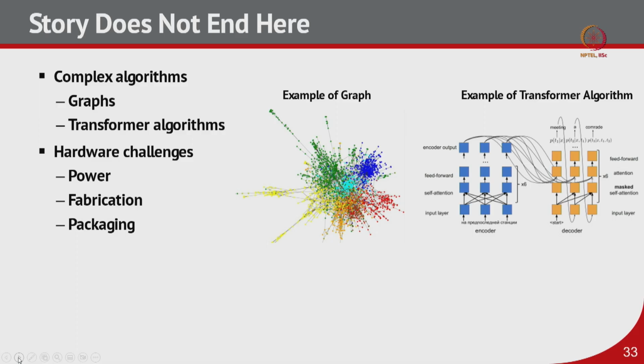There are several hardware challenges like power, fabrication, packaging, etc. Since we have complex algorithms, and complex algorithms pose more complex problems in the domain of hardware, we will need more and more sophisticated hardware, or better techniques to build that hardware, so that it can aid machine learning algorithms. So, we will end up deep diving into all these topics in this course.